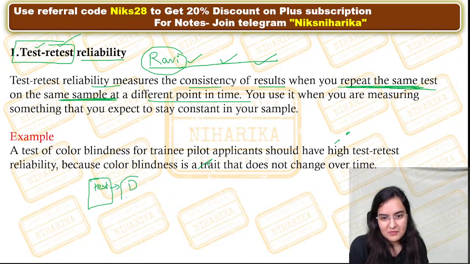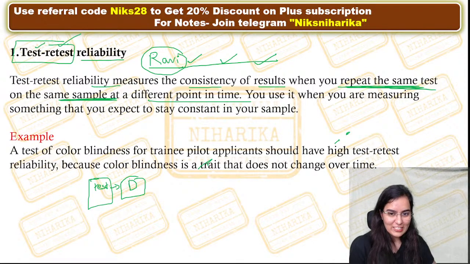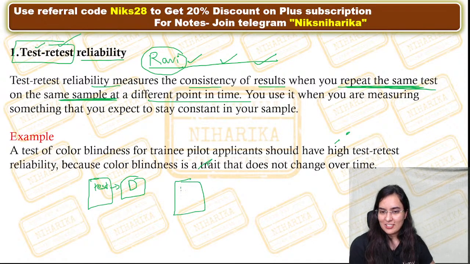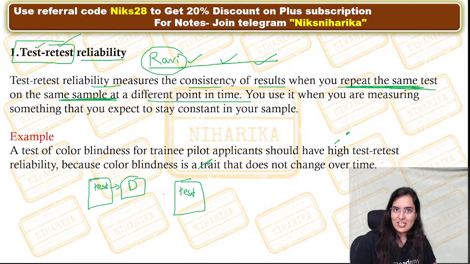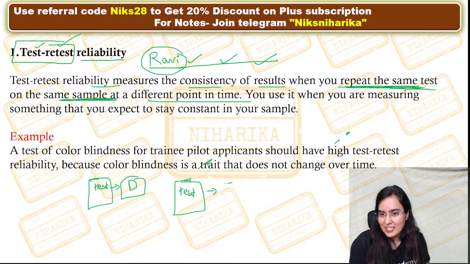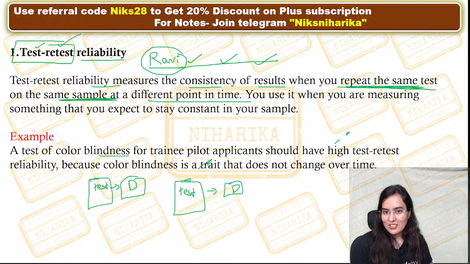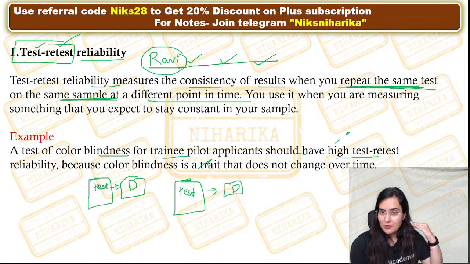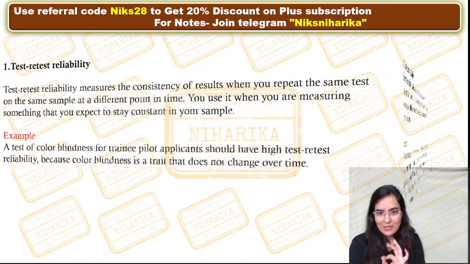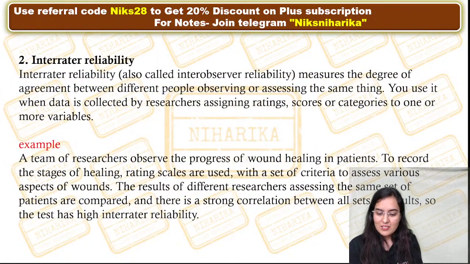I'll get a D grade, suppose C or D. Next time again I take a history test of some other state, or of my country, or throughout the world, then again I'll consistently get a D grade, isn't it? Same result. So a test of color blindness for a trainee pilot applicant should have high test-retest reliability, because color blindness is a trait that does not change over time. It is consistent. It is reliable. Now, maths with a total A plus, 100 on 100.